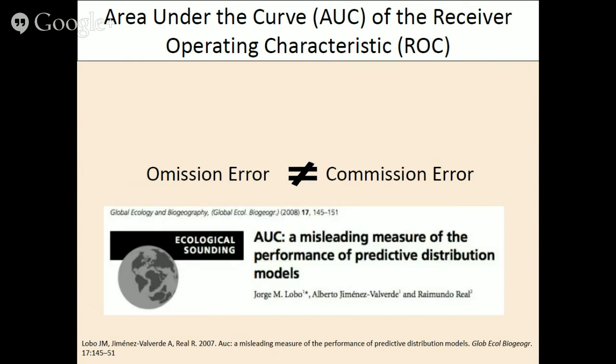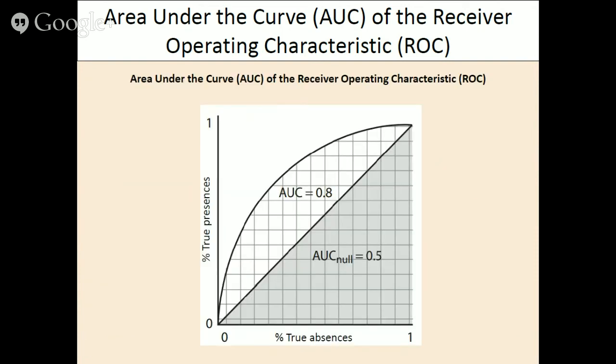So I would like to encourage everyone to read this paper, because it discusses the issue of this measure when measuring the performance of ecological niche models. And you can see that this is a very weak measure, and this is dangerous if we are making maps to guide public health efforts.